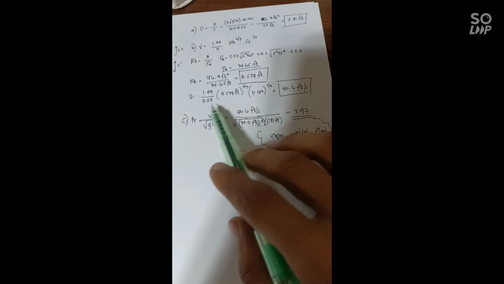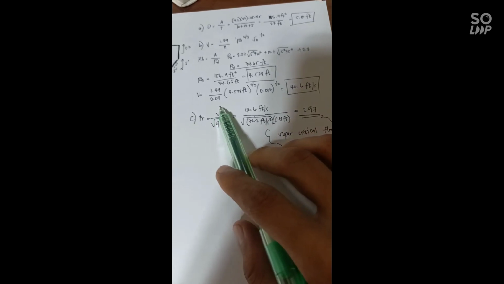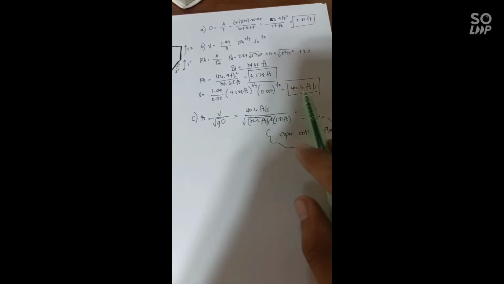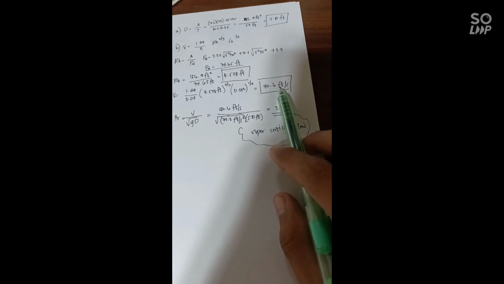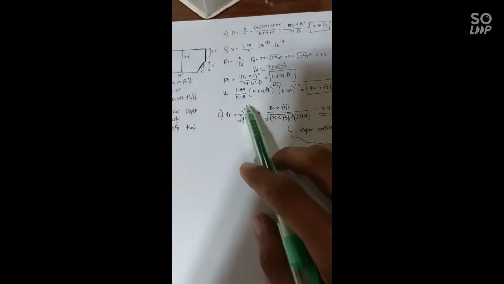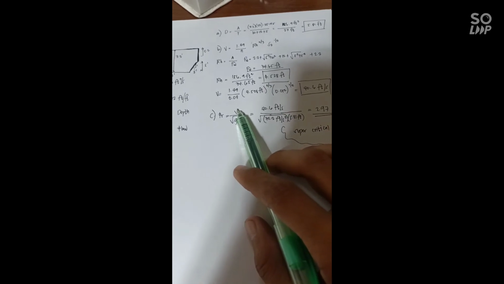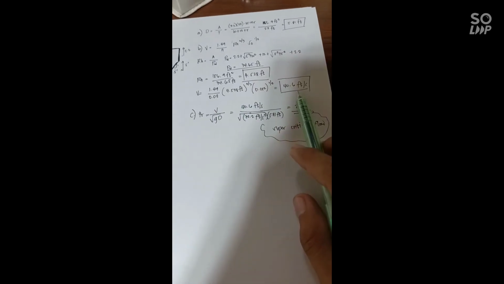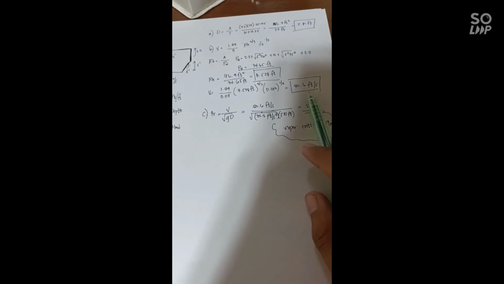And then if we divide and multiply, we get the answer 40.6 feet per second. So we solved the velocity now. The velocity is 40.6 feet per second.